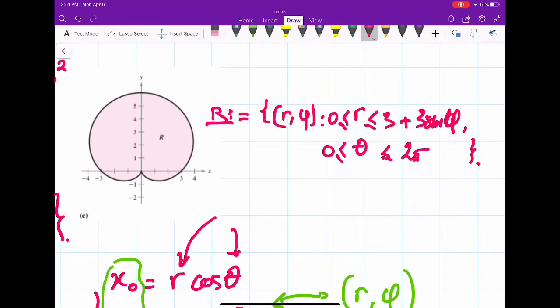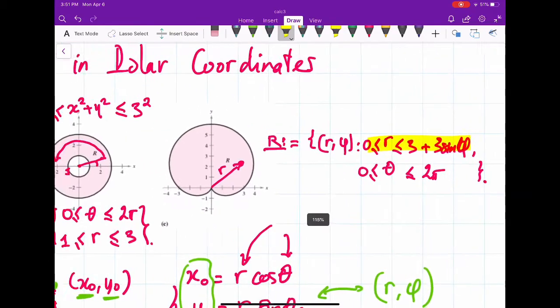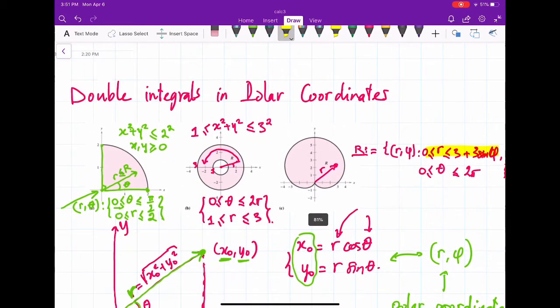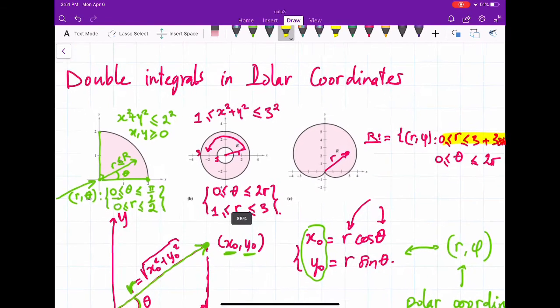Makes sense? You pick some point right here, and you can see that r satisfies this relation. Right now we just accept that. Agree?